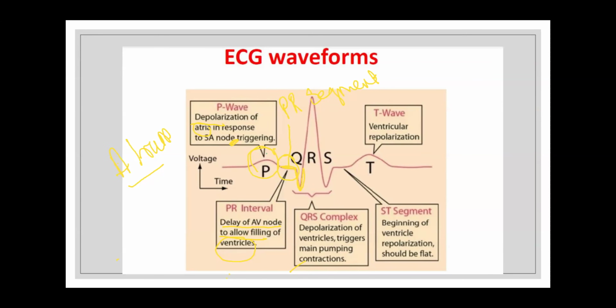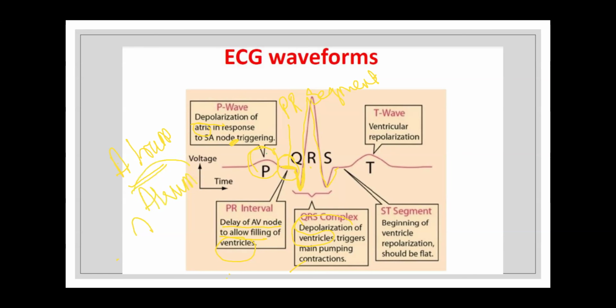And then after some time, the electrical activity goes into the ventricle and the QRS is formed. This QRS complex tells you about the depolarization of the ventricles, meaning that the ventricles are contracting. At the same time, when the ventricles are contracting, the atrium is relaxing.